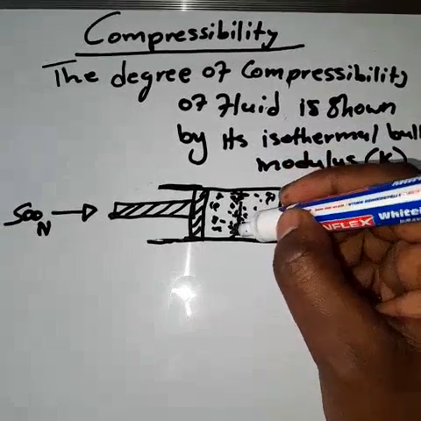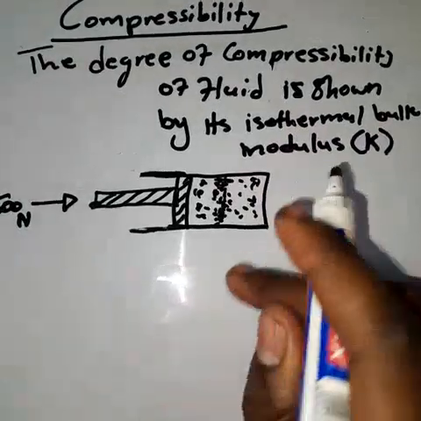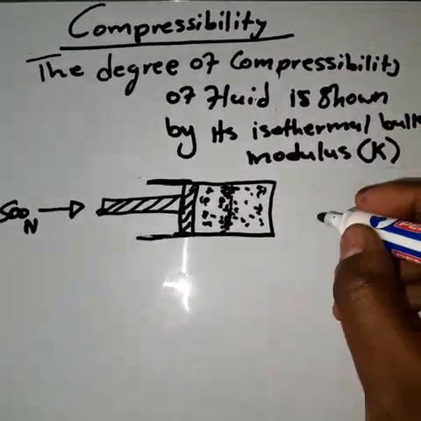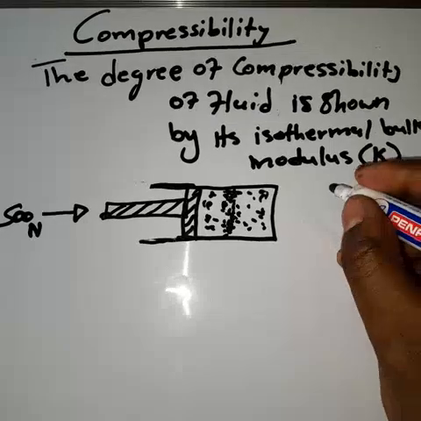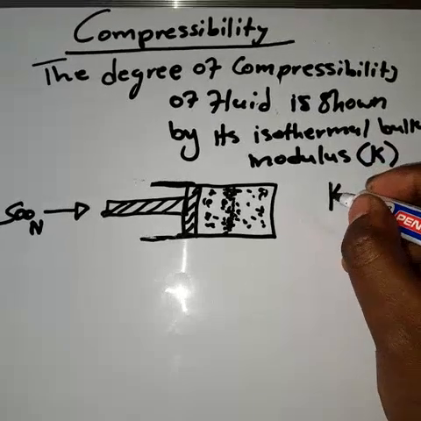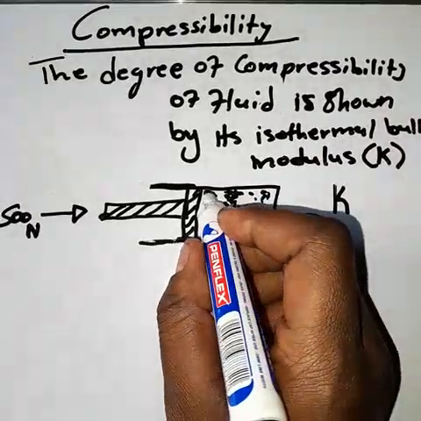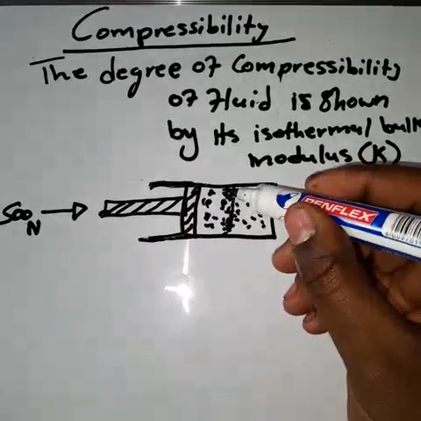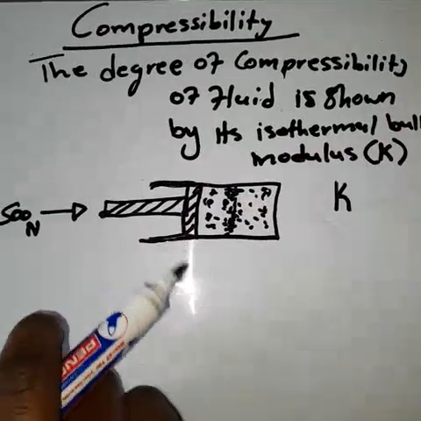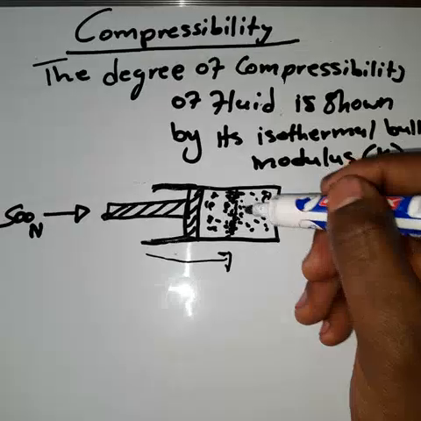gas. So that compressibility, its symbol is K, which is the modulus. It's the isothermal bulk modulus, represented by K. We want to know how much this force compresses this gas here.